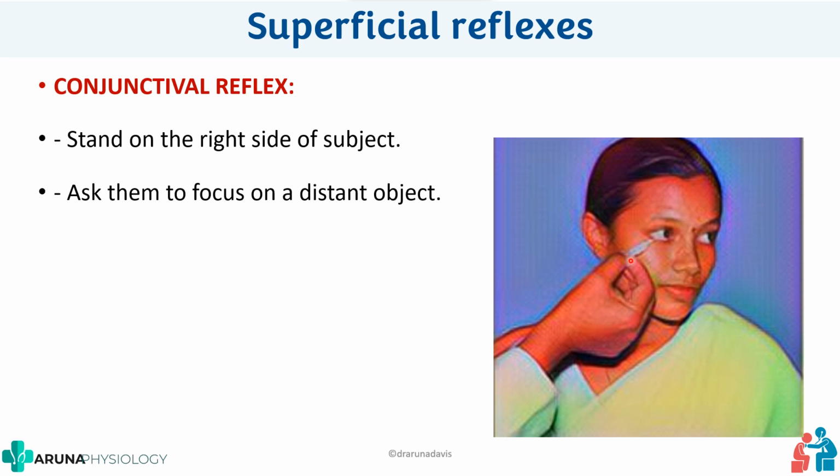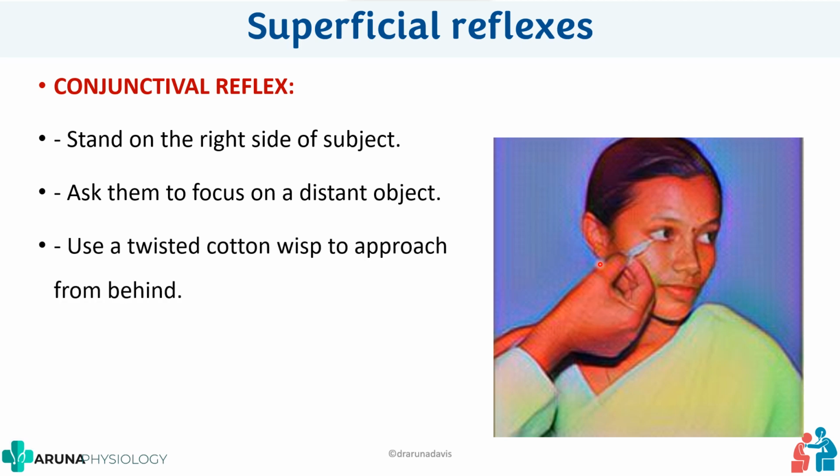You just twist the end of a cotton so that you get a wisp, and using this sterile cotton you approach from behind. You're not supposed to poke the eye directly; you gently bring it from the side, supporting your fingers on the cheek of the patient, and gently touch the conjunctiva. That white portion of the eye is the conjunctiva.